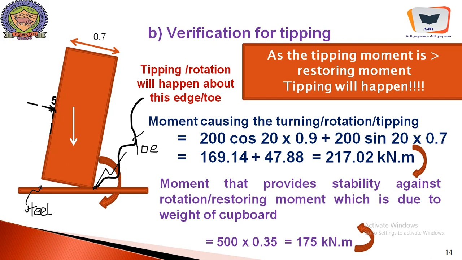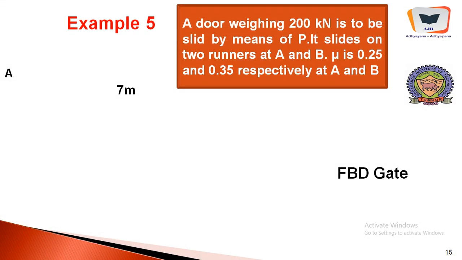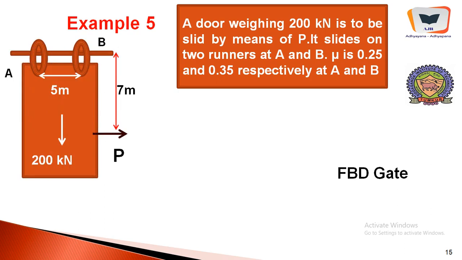So this cupboard will also slide, show the sliding tendency, and it will also show some tipping or rotation tendency. Example number 5: a door weighing 200 kilonewton is to be slid by means of force P. This is the force P, and this can move with respect to this rack and pinion adjustment.